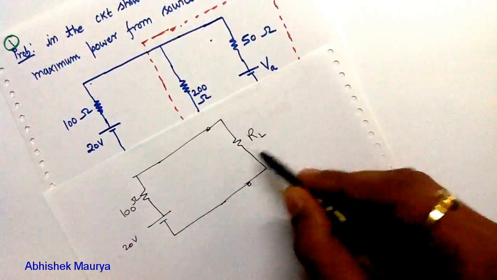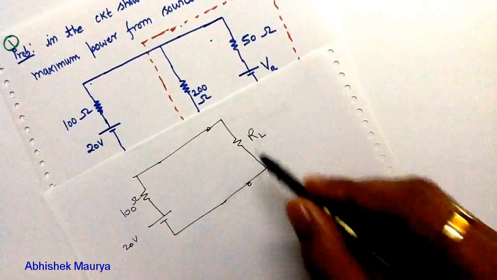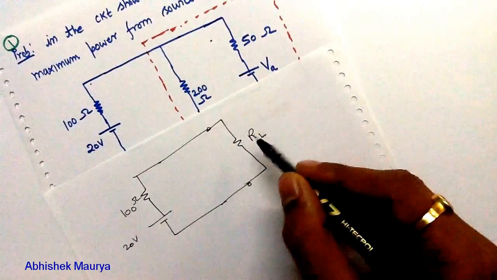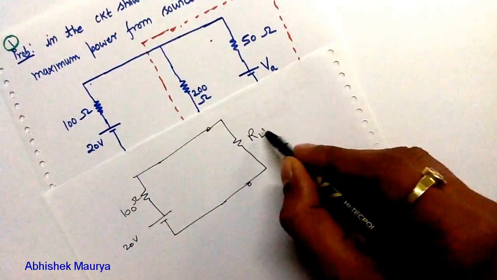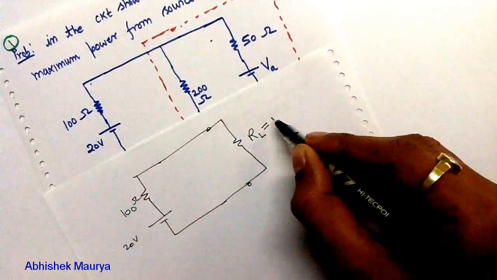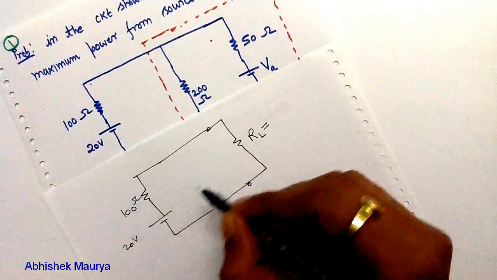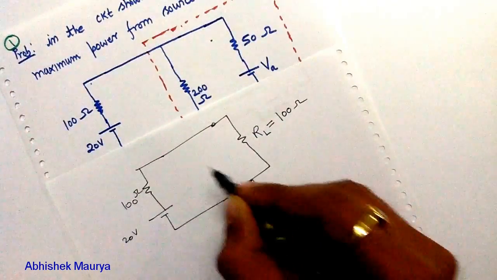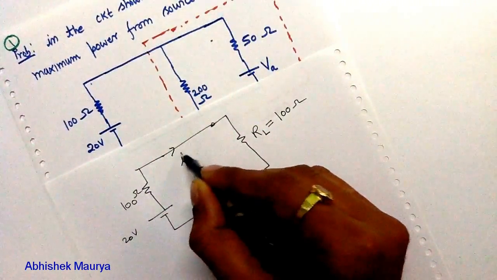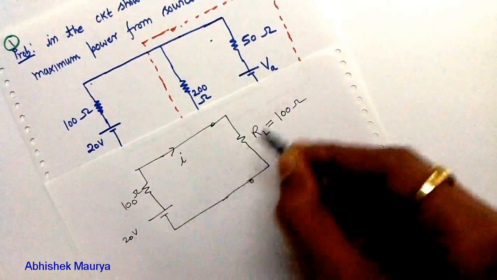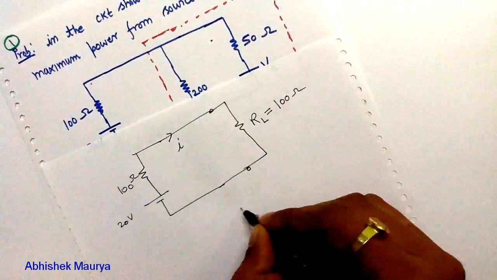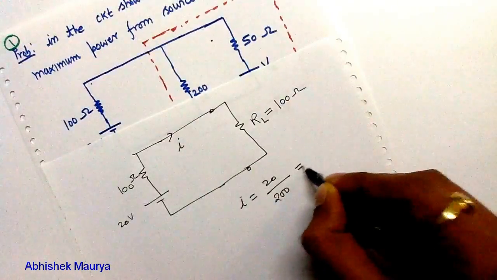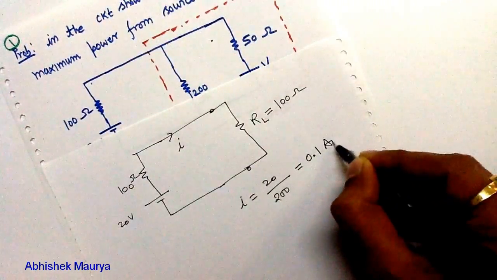Can you tell me the value of the load resistance so that maximum power can be transferred to this load resistance? The value of the RL will be equal to the source resistance, which is equal to 100 ohm. Can you tell me the current which will flow from the source to the load? The value of the current will be 20 upon 200, that is 0.1 ampere.